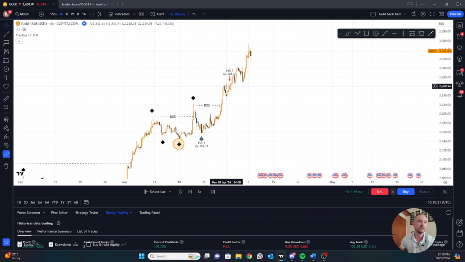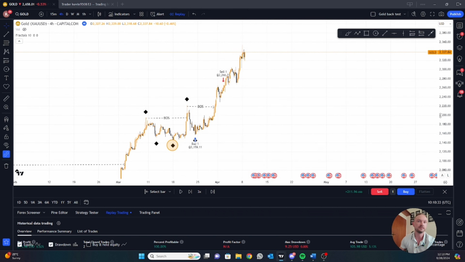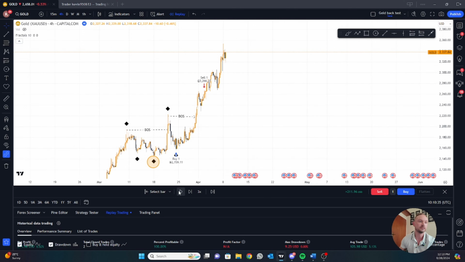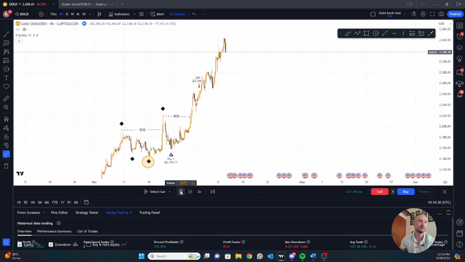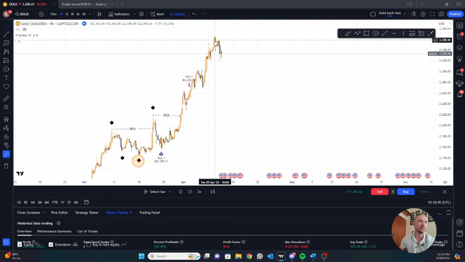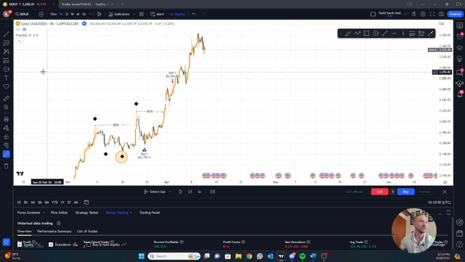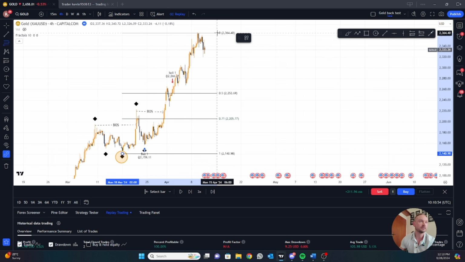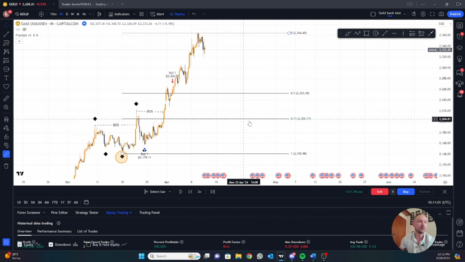So we are continuing to break structures to the upside. Okay, we can consider this a small pullback. So I'm now going to draw my Fibonacci tool. Okay, and we're going to wait for a pullback to come to this level before we enter a trade.